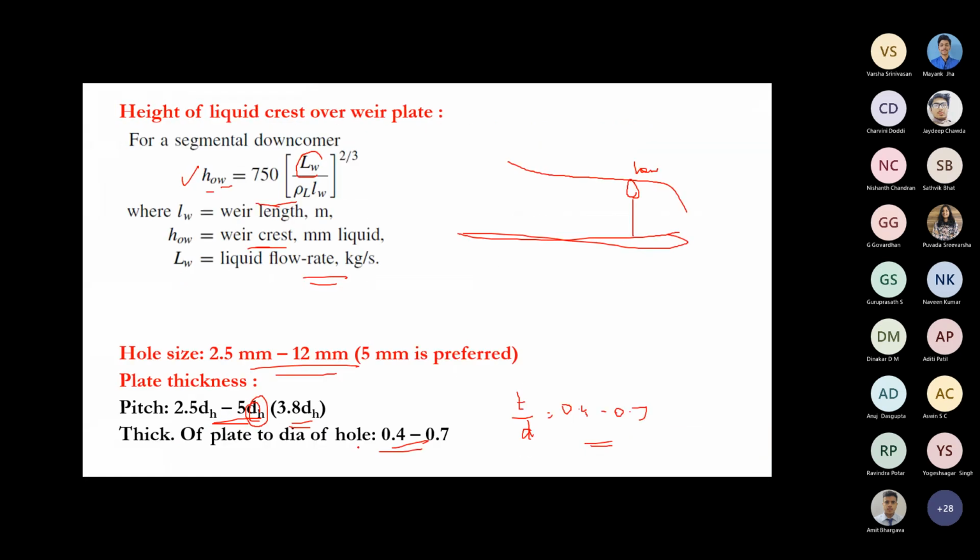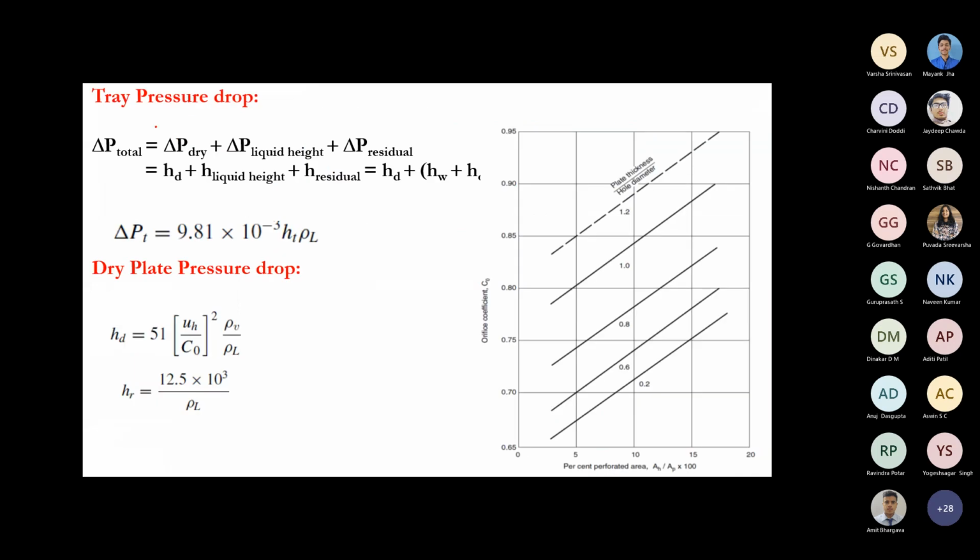Once this is done, next we have to check the tray pressure drop. That's very important. Tray pressure drop has 3 different components. Apart from these, you can add the inlet and outlet nozzle pressure drops. Normally they are very small, so you can neglect them.